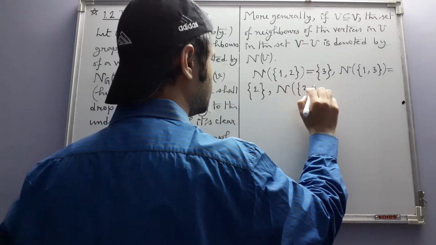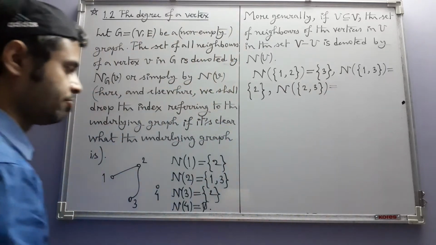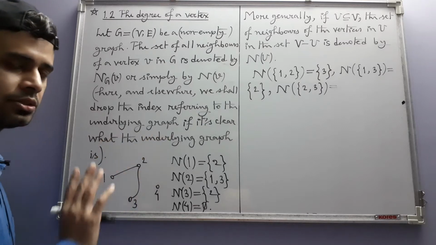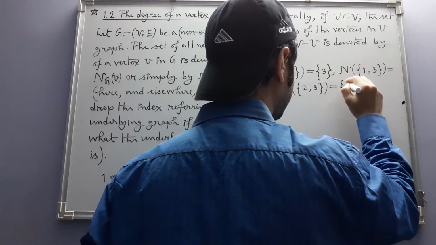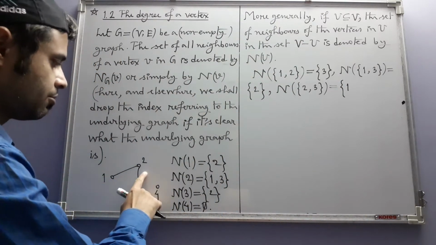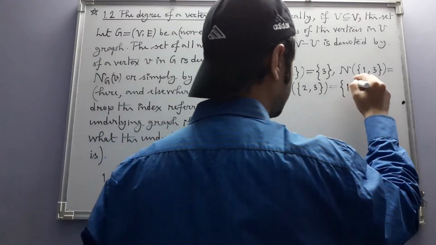What happens if we take 2 and 3? There are two neighbors of 2, 1 and 3. Among them 3 is already in the set, so we won't consider it. We will have 1. And the neighbors of 3, there is only one neighbor 2. It's there in the set, so it cannot be considered.